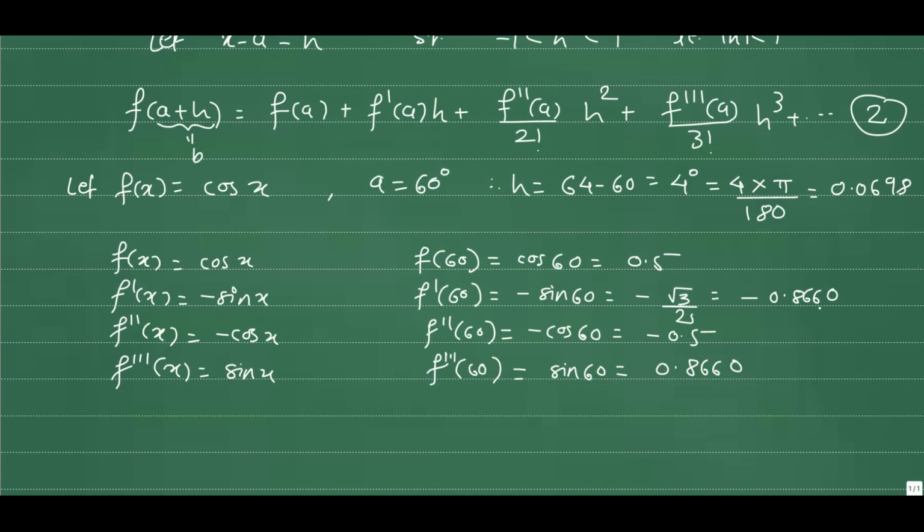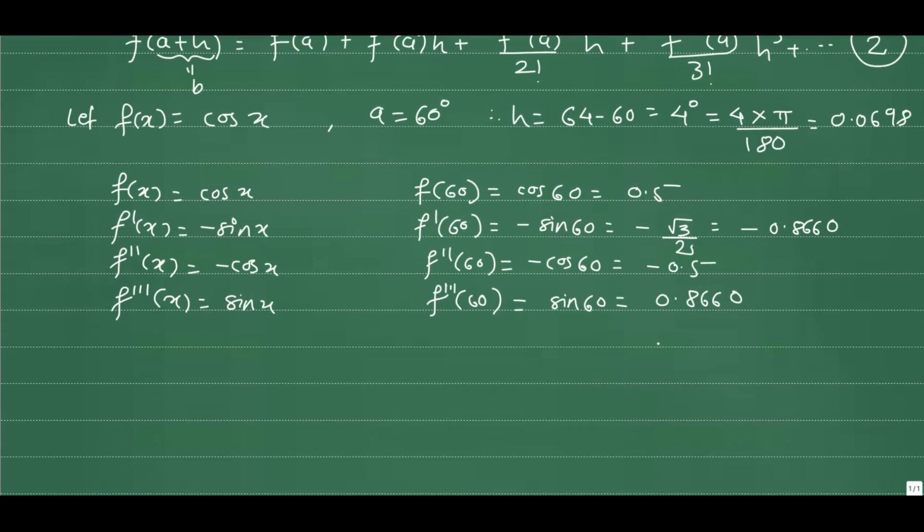So this will give you an answer correct up to maybe 3 to 4 decimal places, which is sufficient. If you go on increasing these terms, we'll get a more accurate answer. Instead of 3, if you take 5, 6, 7 terms, it will give you a more accurate answer. But for practical purposes, it is sufficient up to even h cube. So we will take up to this only.